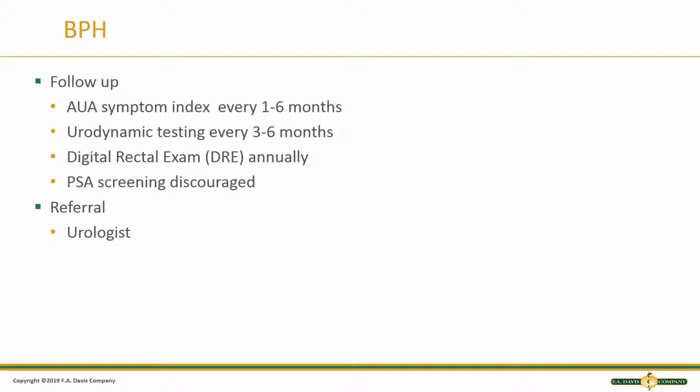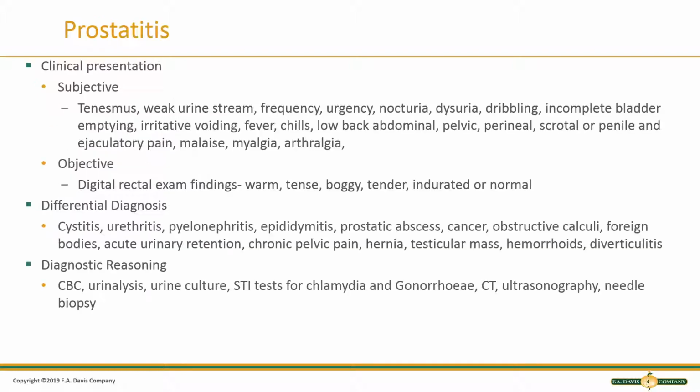If a man wants a screening and the PSA is less than 2.5, he should be retested every 2 years. If it's greater than 2.5, you need to retest yearly. Referrals for BPH will go to urology for specialized testing and suspected cancer or urinary retention.